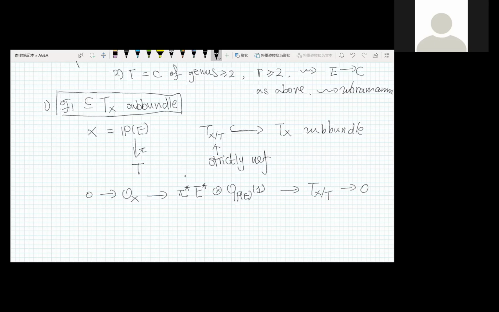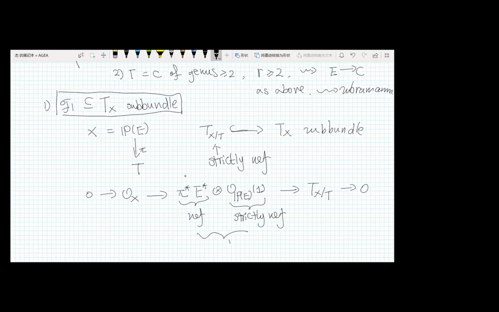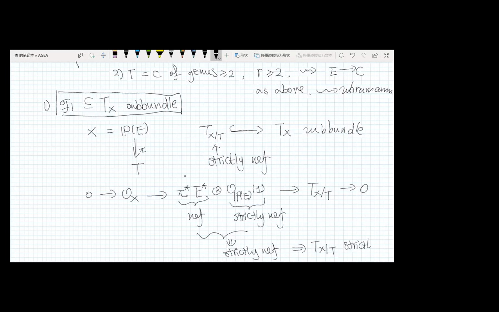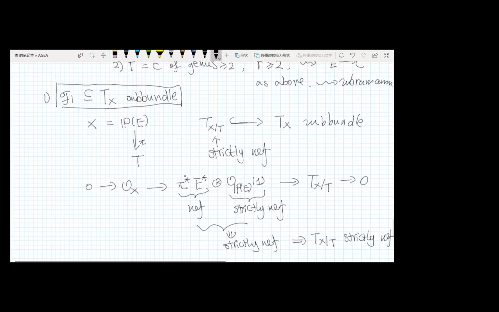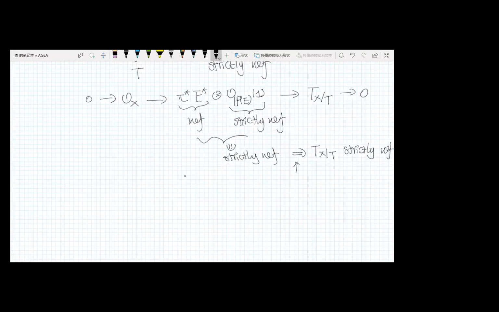okay, because E is nef, so this guy is also nef. Because the product of a nef vector bundle is always nef, and we have seen that this guy is strictly nef by our assumption, the tensor is also strictly nef. And a quotient of a strictly nef vector bundle is also strictly nef, because strict nefness is preserved by quotient.